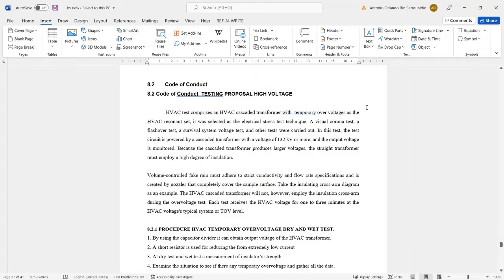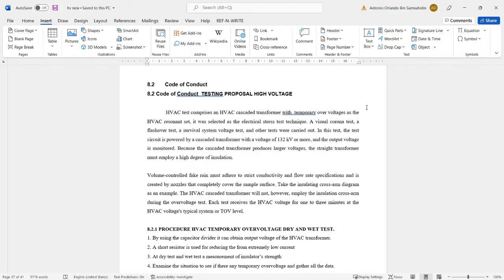For the code of conduct, the HVAC test comprises an HVAC cascaded transformer with a temporary overvoltage as the HVAC resonance set. It was selected as the electrical stress test technique. It includes a visual corona test, a flashover test, and a survival system voltage test.